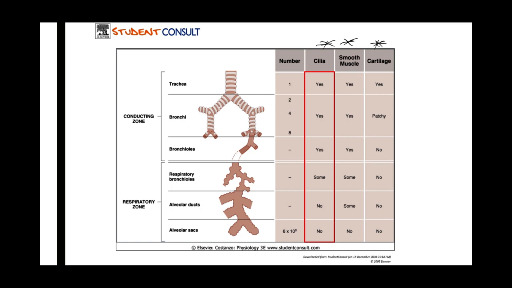But you know where each of these stop appearing, basically. So cilia, for the most part, stop appearing in the conducting zone. Some remain in the respiratory bronchioles. Smooth muscle stops appearing for the most part here, but then you have a little bit that remains. And then cartilage, for the most part, stops appearing at the trachea.